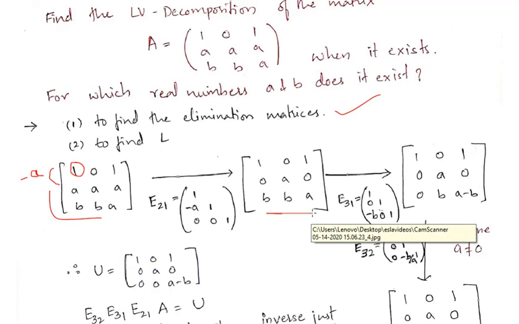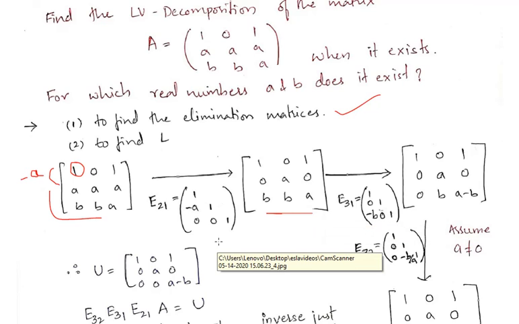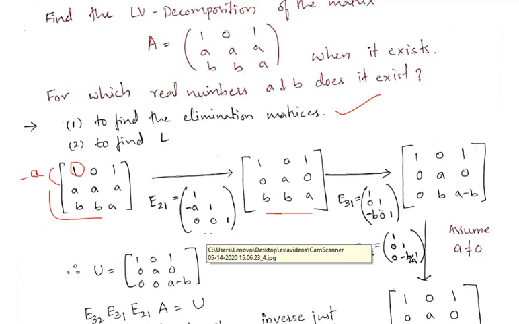But when we do the row operation, we need to remember the elimination matrices also. What is the elimination matrix here? You should carefully understand how to write this elimination matrix.